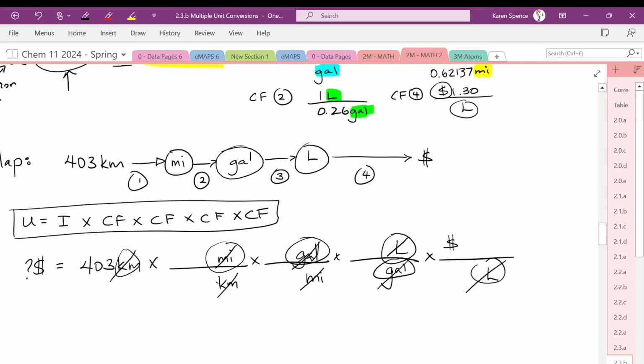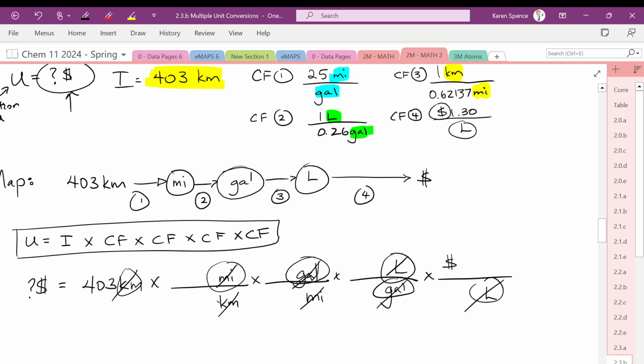And now we just go through our conversion factors and we say miles per kilometer. That's this one here. So there's 1 kilometer for every 0.62137 miles. Do you notice how I had to turn that upside down from what I had written? Totally fine, not a problem. Gallons per mile. I have 1 gallon for every 25 miles. Again, I had to turn that one upside down.